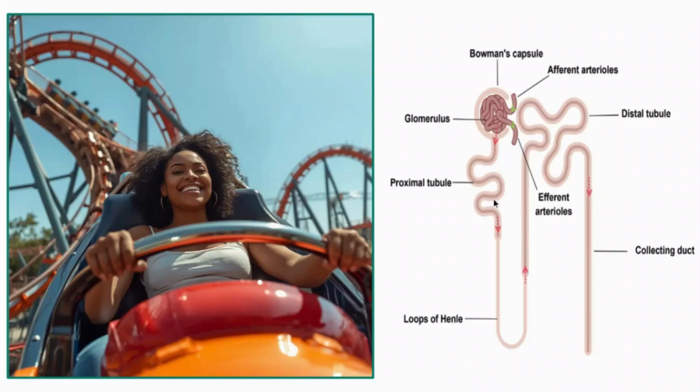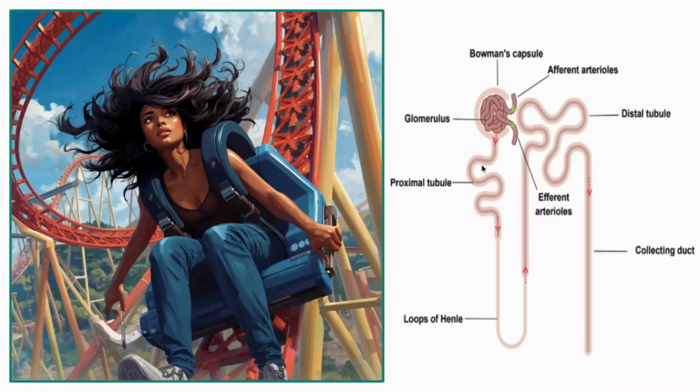So the way to remember them is by looking at a roller coaster. The nephron really is a serious roller coaster ride. The proximal convoluted tubule and the distal convoluted tubule are the two parts that will make you go crazy and want the ride to end. In between these two parts, the ride gets easier.